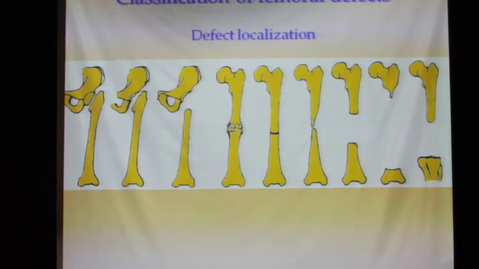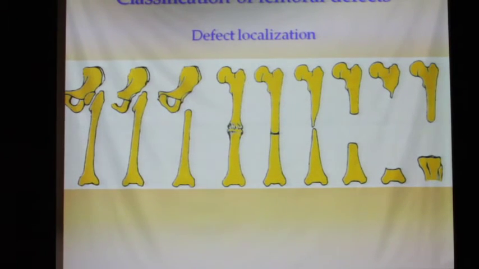Number 3, the whole head and the greater trochanter are not there. We have to follow these cases. Number 4, there is hypertrophic non-union in cases of the mid shaft of the femur. Number 5, there is a non-union at the mid shaft. Number 6, there is a conical, pencil-like end.